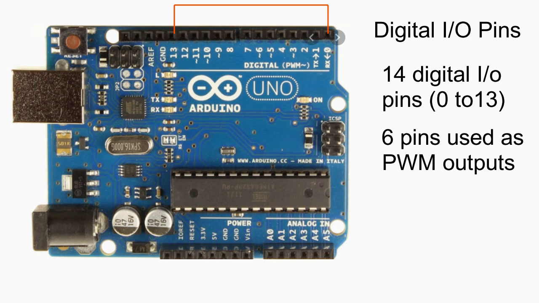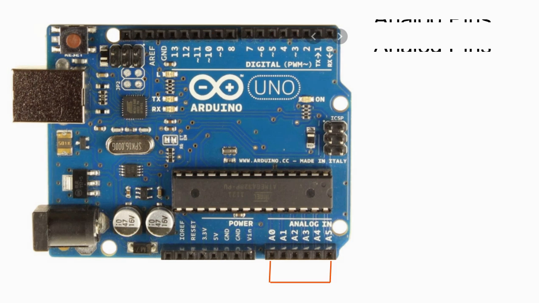Pins with the tilde symbol can be used to generate PWM. On most Arduino boards, the PWM function is available on pins 3, 5, 6, 9, 10, and 11.